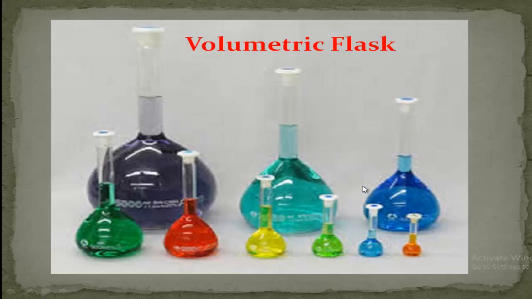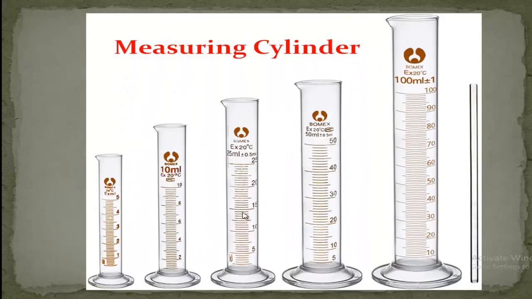And not only that, if we want to make a molar solution of a very fractional volume, then we can also use measuring cylinders of different sizes. Follow here, this is the measuring cylinder. There are marks of different volumes. This is a 100 milliliter measuring cylinder, with labeling 10, 20.